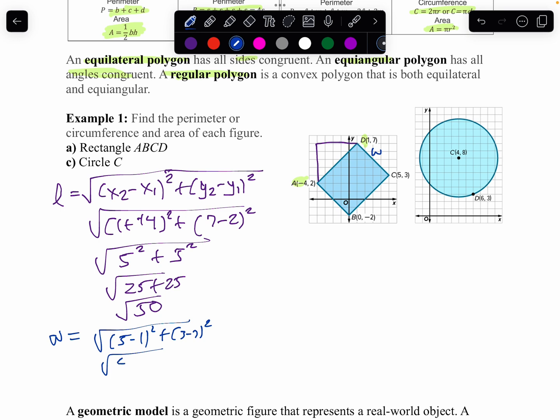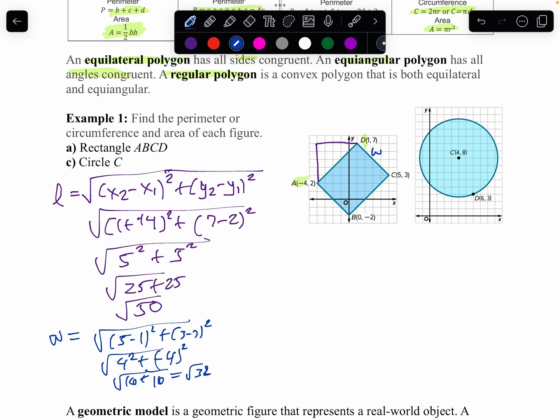So I'll get 4 squared plus -4 squared, which is 16 plus 16, which is the square root of 32.